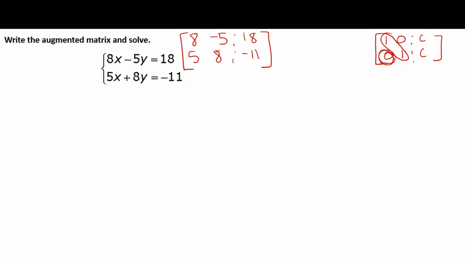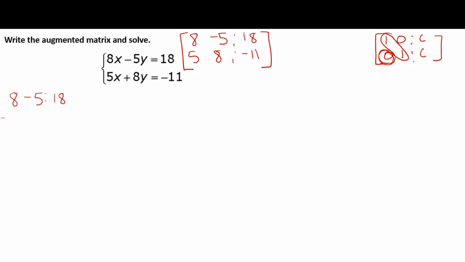So I'm going to go ahead and leave my top row the way it is, 8, negative 5, and 18. And I want to change something so I can get my bottom row to have a 0 here. Well, one of the things I can do is I can add the two rows together, and whatever I get I can put into my second row down here.